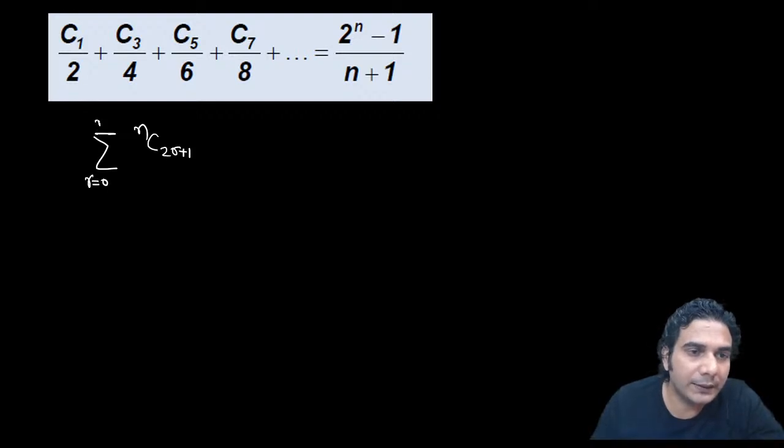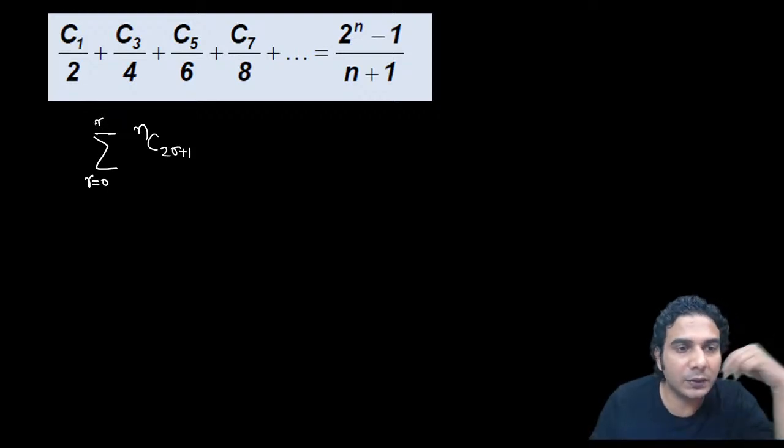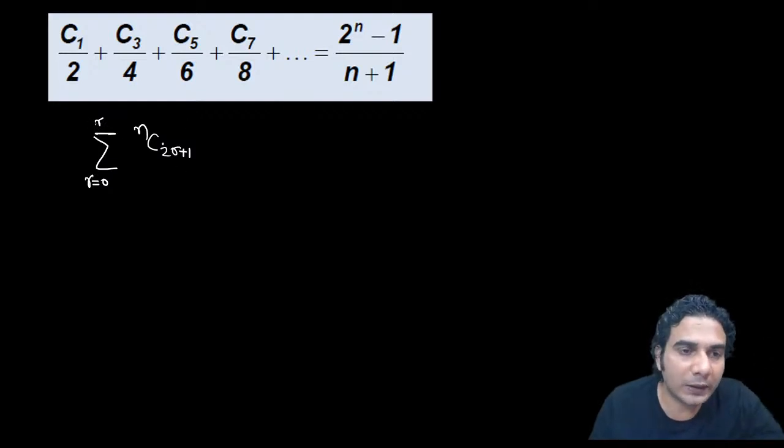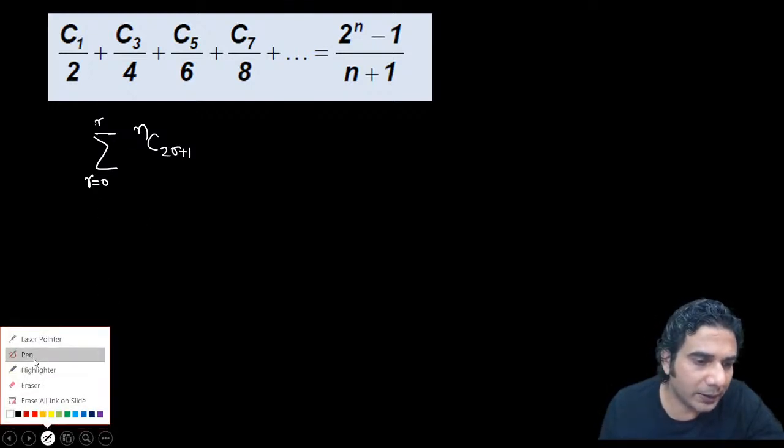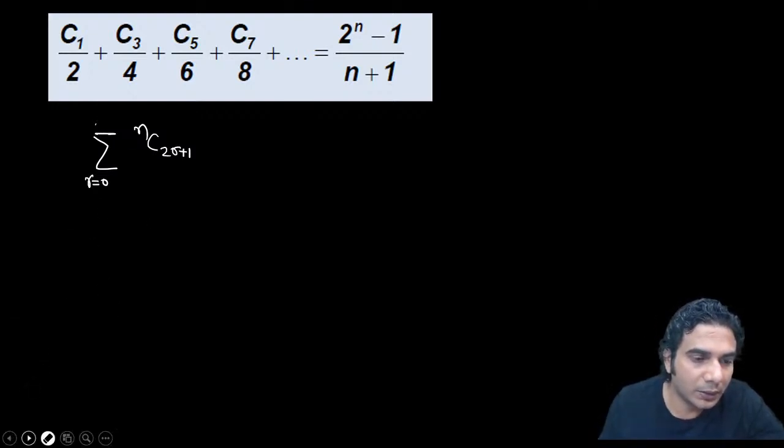Not to n, but to whatever is the allowed value, like it might be n by 2 or n by 2 minus 1. So no need to write the upper limit because it is going up to all possible terms, divided by this.